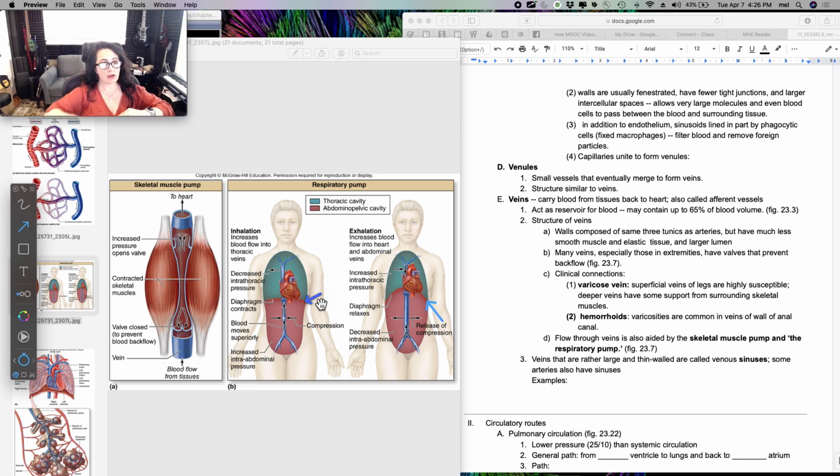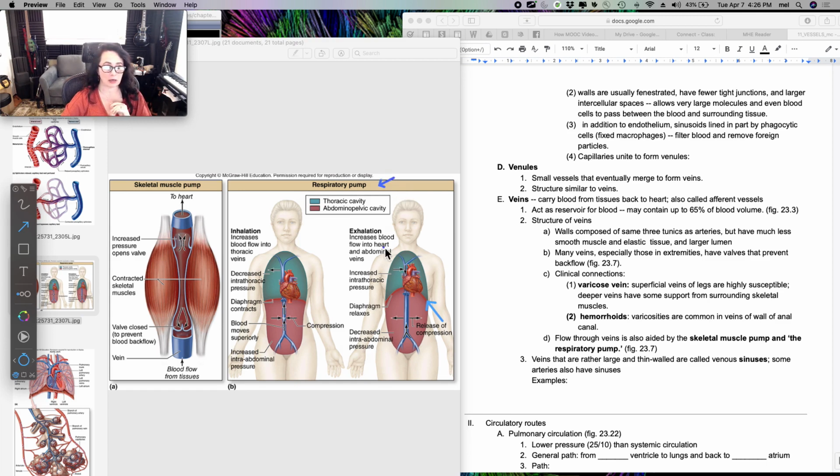As it pushes down, it increases pressure in the abdominal pelvic cavity, and it comparatively decreases pressure in the thoracic cavity. And since all fluids, including blood, flow from high pressure to low pressure, the pressure is higher here, lower here. Every time you breathe in, you squirt blood up your inferior vena cava. So that's called the respiratory pump.